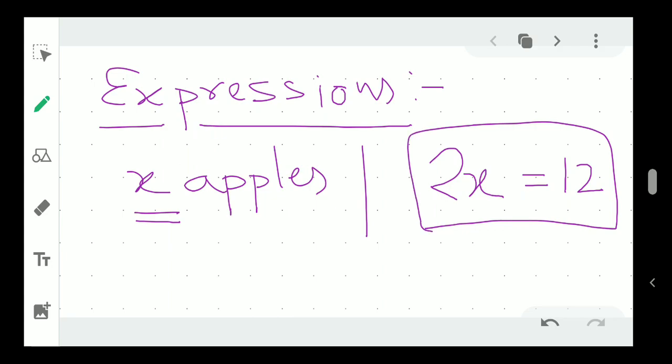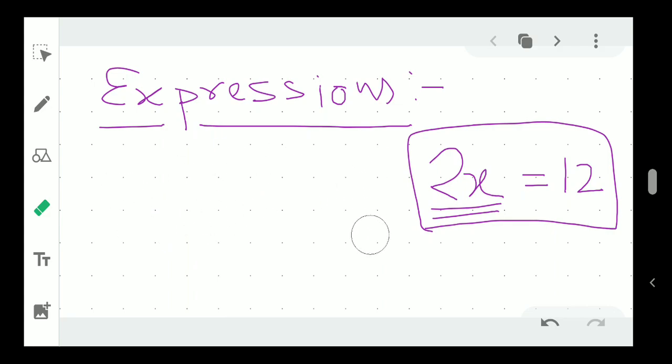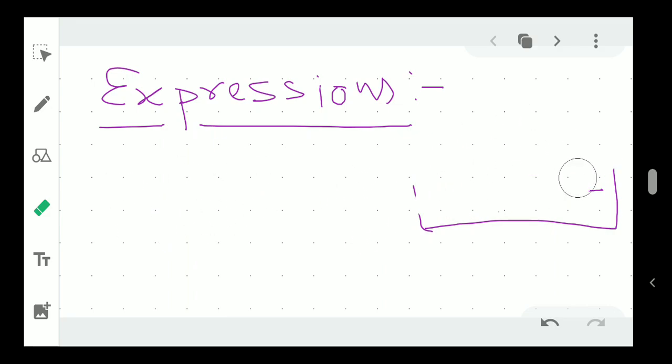Now, how to deal with a little bit tougher questions? In this case, 2x is the expression. Let me tell you more about expressions. Let's say I ask you to write an expression that signifies 5 more than x. It's very simple.